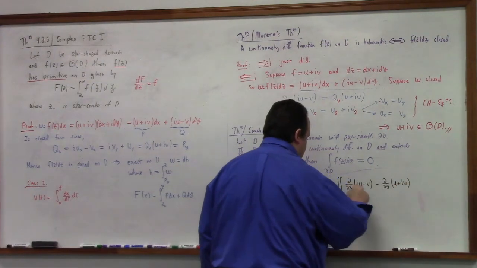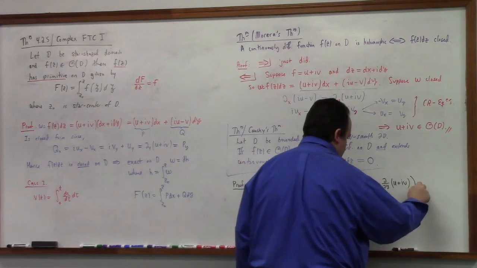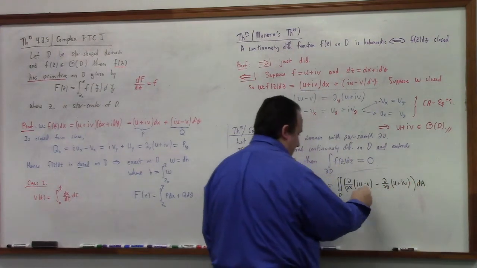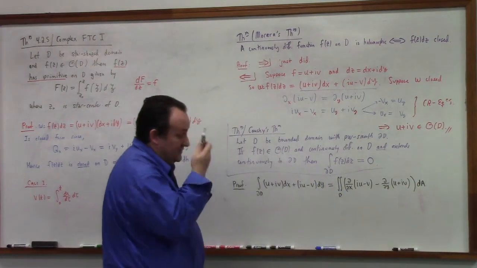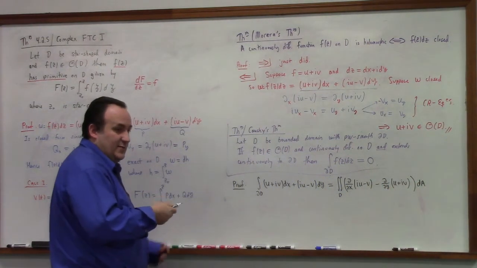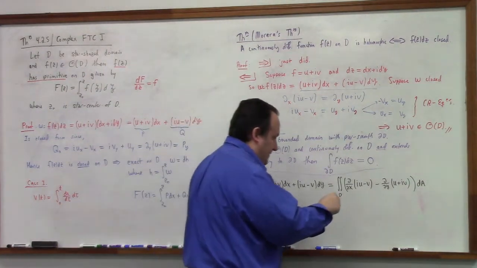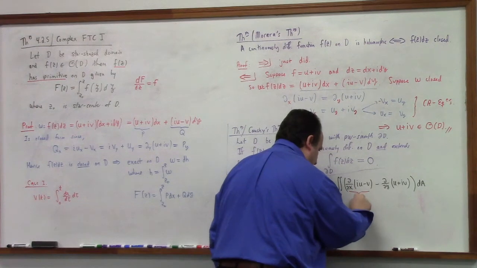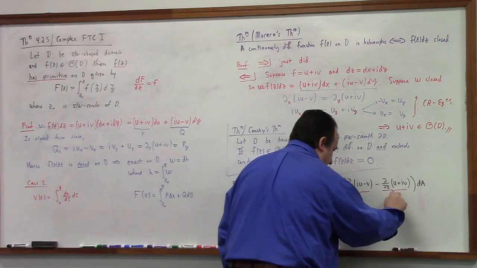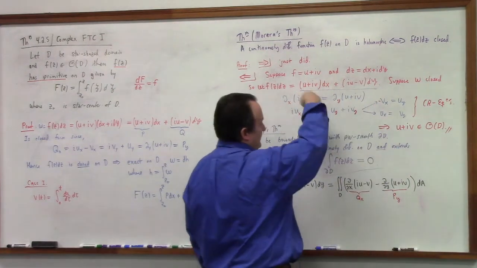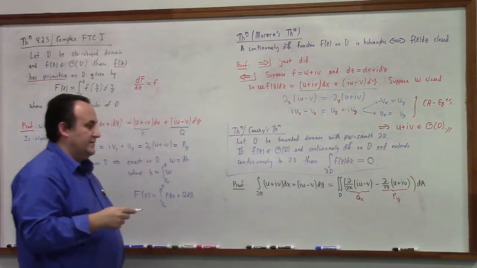But we just did this calculation. This is exactly qx minus py, in the language of the previous theorem. This is just straight up that qx we just did, and this is the py.